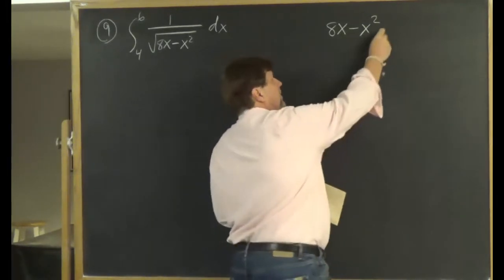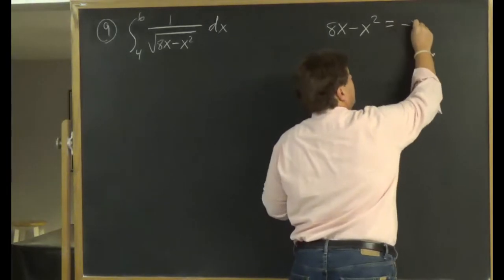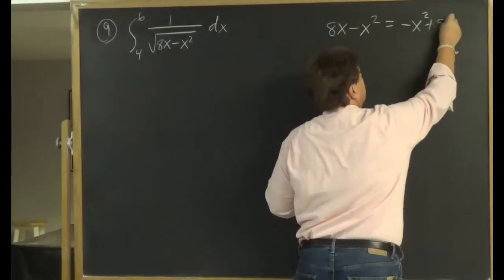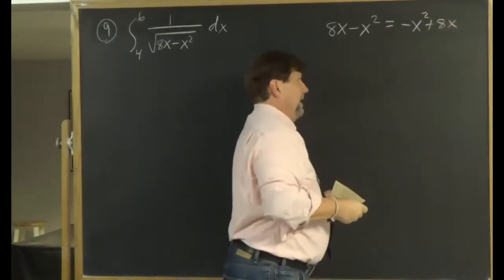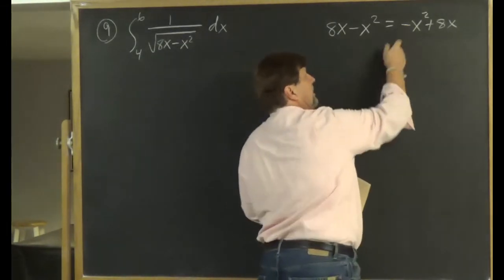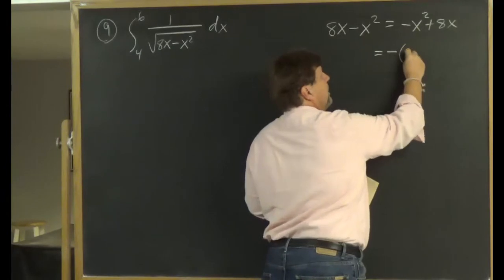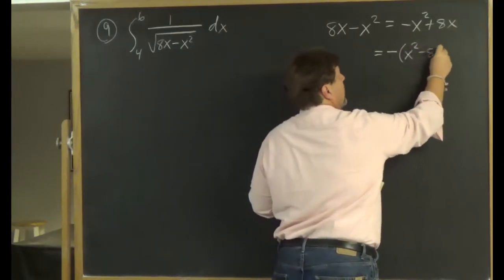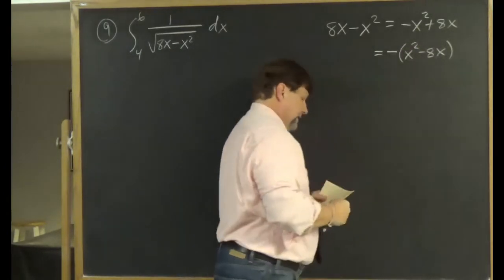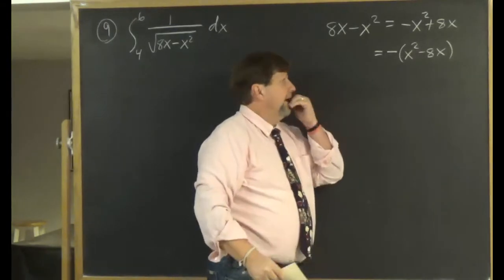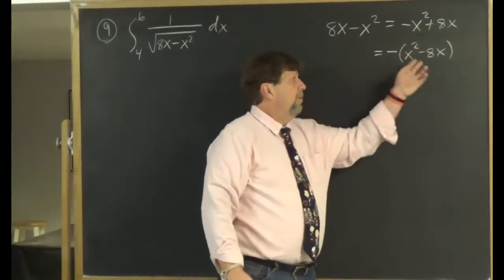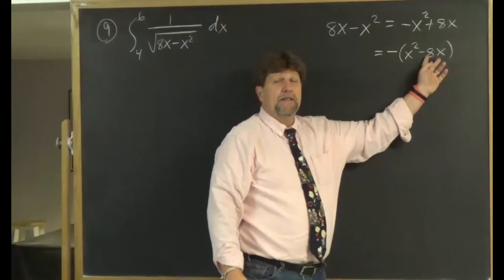The first thing I would do is rewrite it as negative x squared plus 8x. And then, because that's a problem, I would factor out a negative 1, so I have x squared minus 8x.